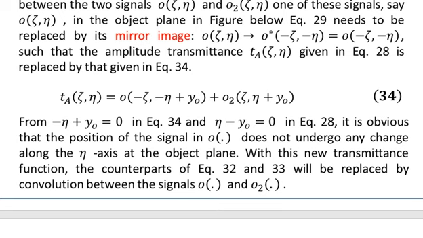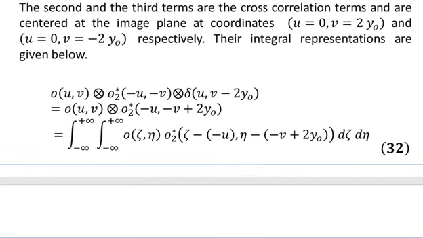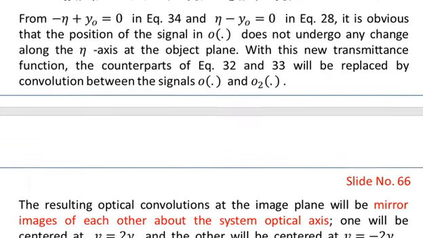So you see that with this modification in the amplitude transmittance as given in equation number 34, now we can rewrite equation number 32 and 33.